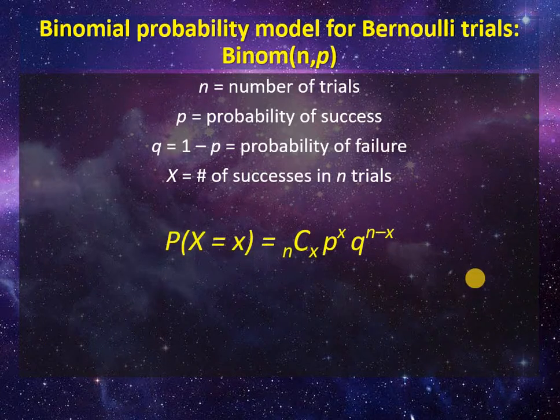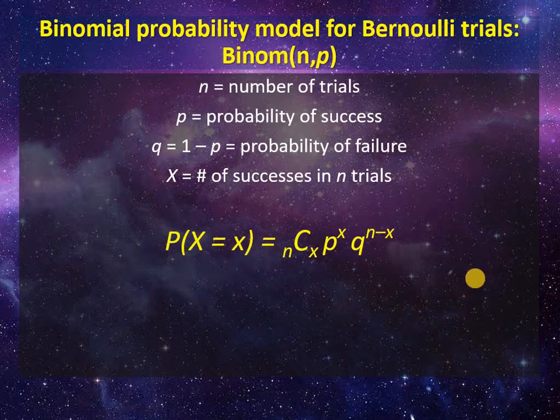We get the probability, because X is the number of successes in N trials. This is saying the probability of getting little x successes is written as NCX, or just like I've got up here, N over X, times P to the X, because this is the number of successes, times Q to the N minus X, because that's the number of failures.